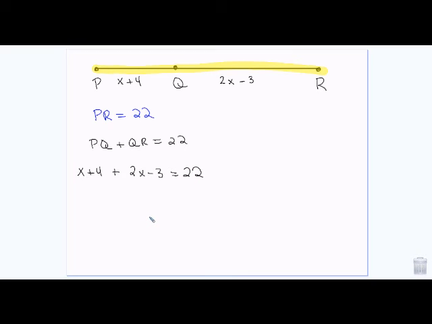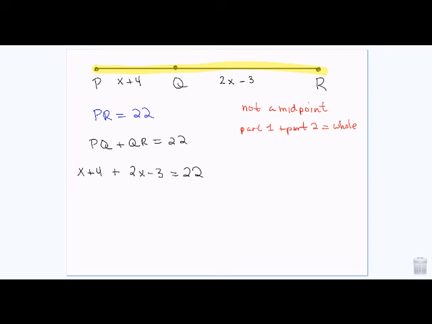So if it's a midpoint, you're going to set them equal to each other. If it's not a midpoint, part 1 plus part 2 equals the whole thing. Okay? Does that make sense?